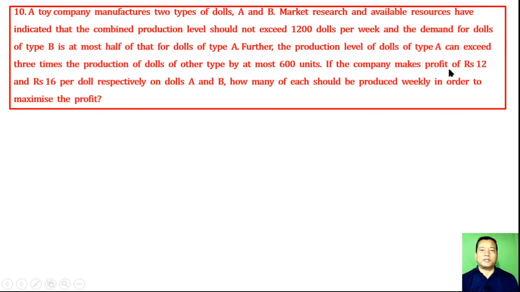If the company makes a profit of rupees 12 and rupees 16 per doll for dolls A and B respectively, how many of each should be produced weekly in order to maximize the profit?